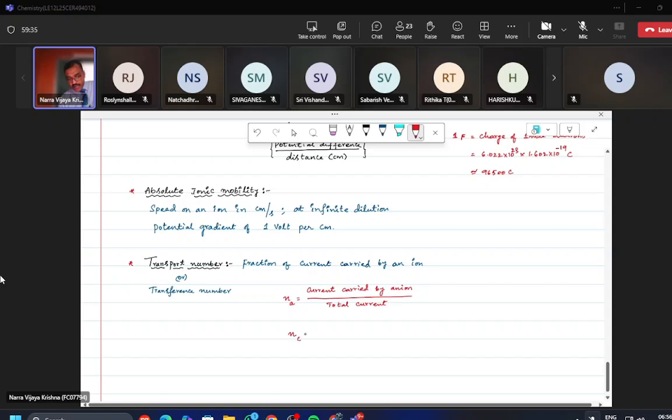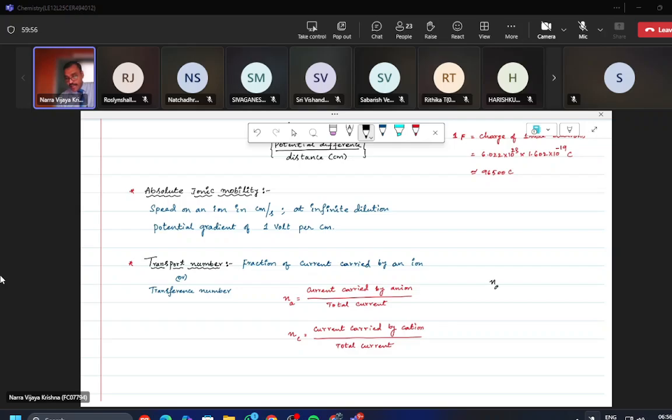Transport number of cation: current carried by cation upon total current. If I add both, what will you get? Transport number of cation and transport number of anion, added, gives 1. They are fractions, so if I add all fractions, I get 1.